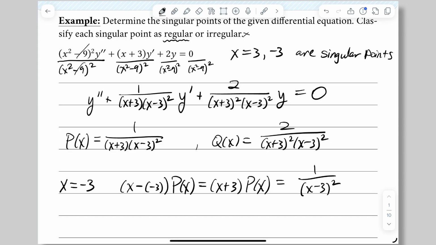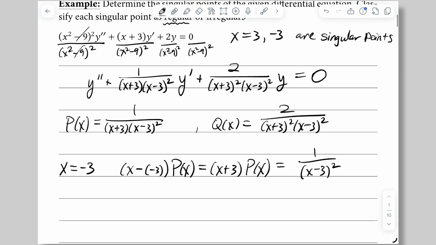I know, this is completely unmotivated. But based on what we've just done, we're looking at the function 1 over (x minus 3) squared, and since x equals negative 3 does not zero out that denominator, we can say that (x plus 3) times p of x is analytic at x equals negative 3.